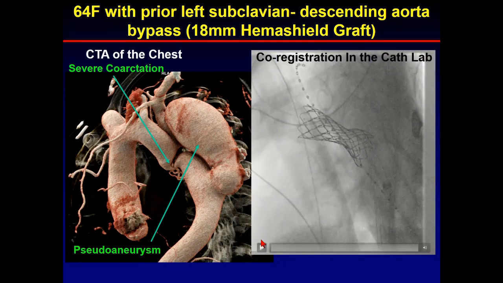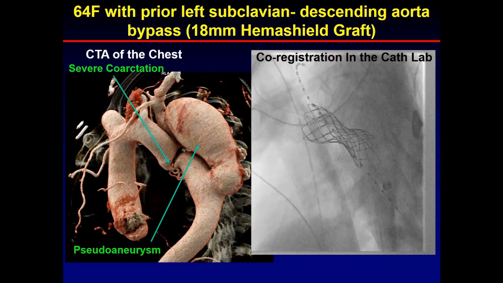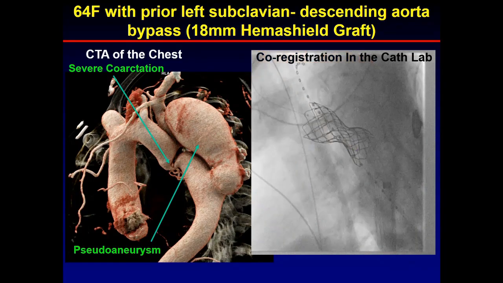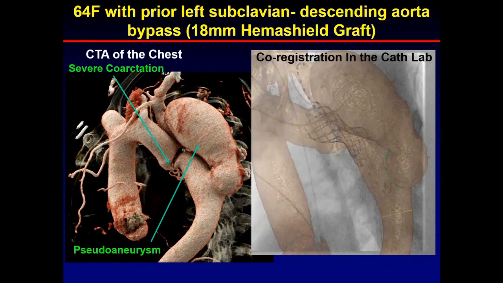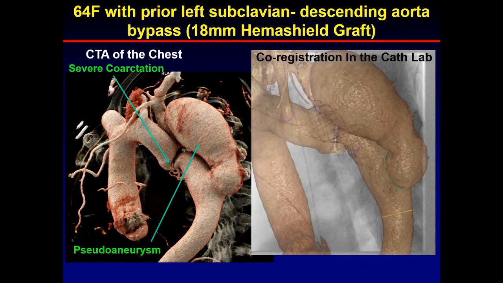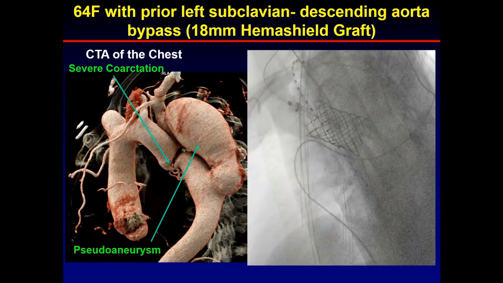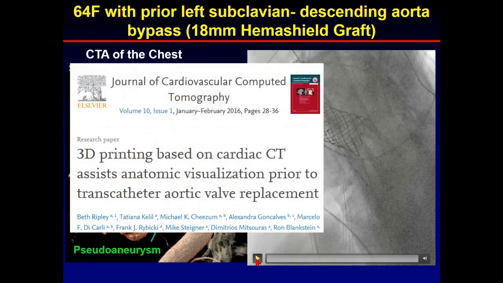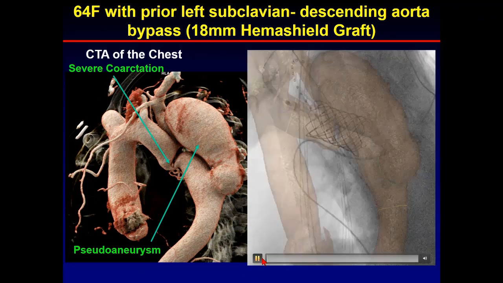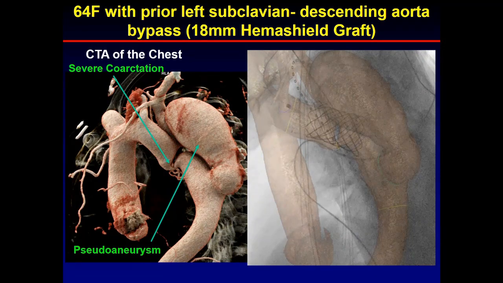So what was done here is actually co-registration of the CT in the cath lab to help guide the guiding catheter through that small coarctation to help deploy the endograft. And again, you can see in this particular circumstance, this is after the graft was fully deployed, in terms of positioning to make sure that everything looked well.